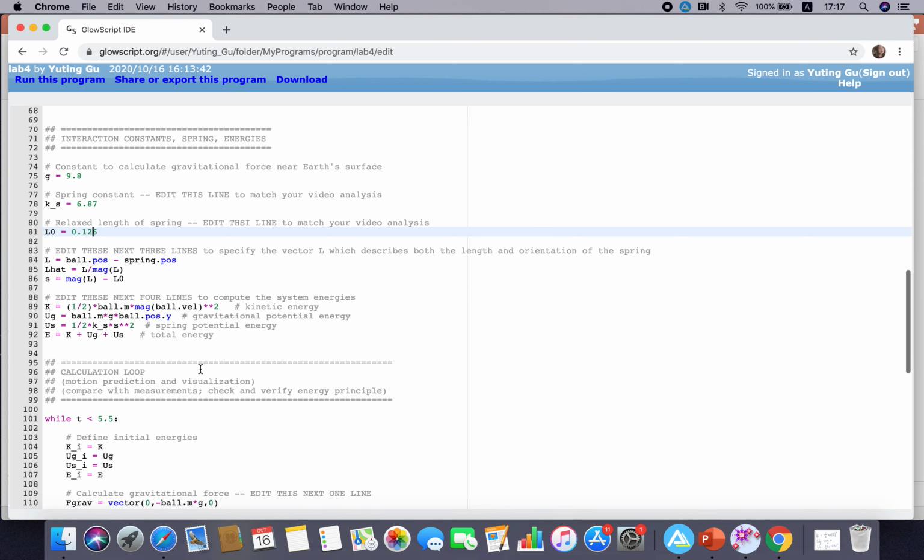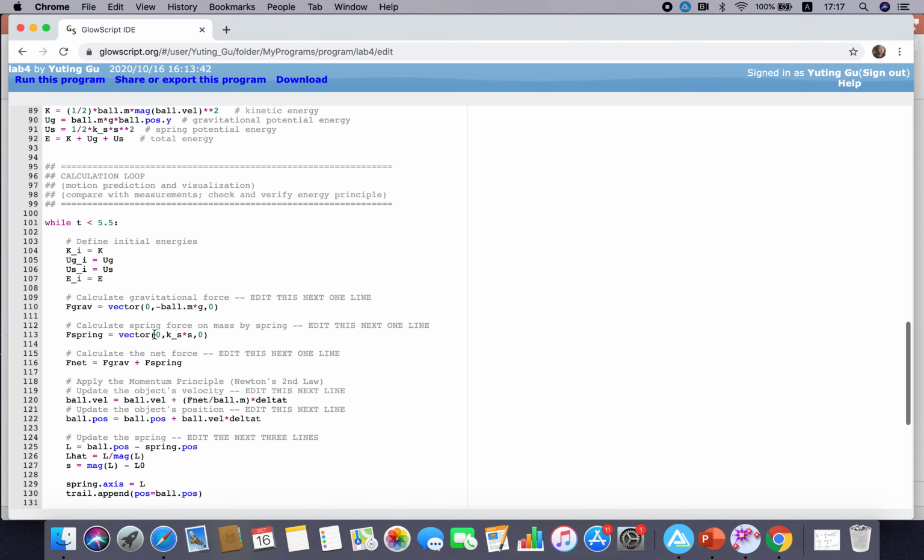When we only take the ball as the system, the gravitational force and the spring force acting on the ball are calculated here, and the net force equals the gravity force plus the spring force.